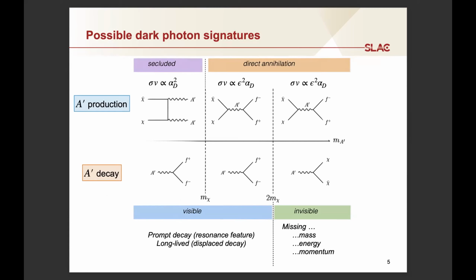If instead the mass of the A prime is bigger than the mass of the dark matter candidate, then it will decay into dark matter particles. We're going to focus on that today, and this leads to production of dark matter, which escapes detection, and we're going to observe basically missing mass, energy, or momentum in our detector.